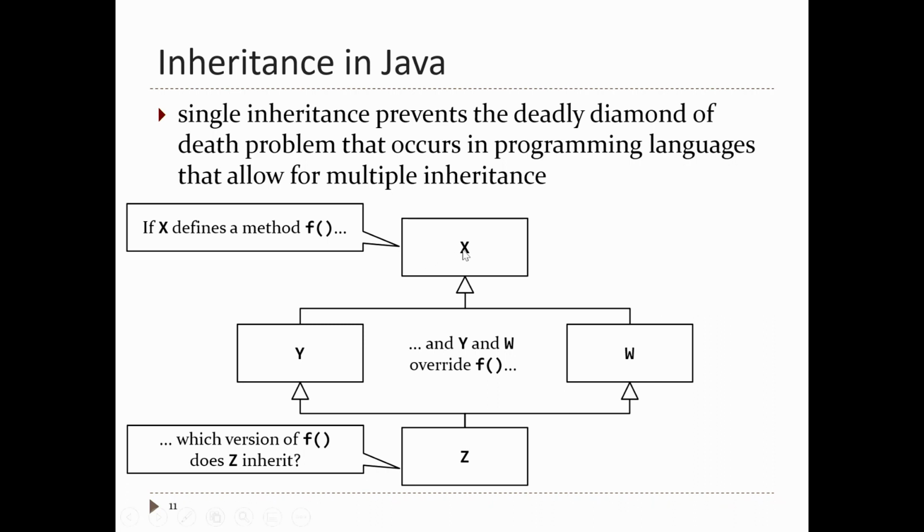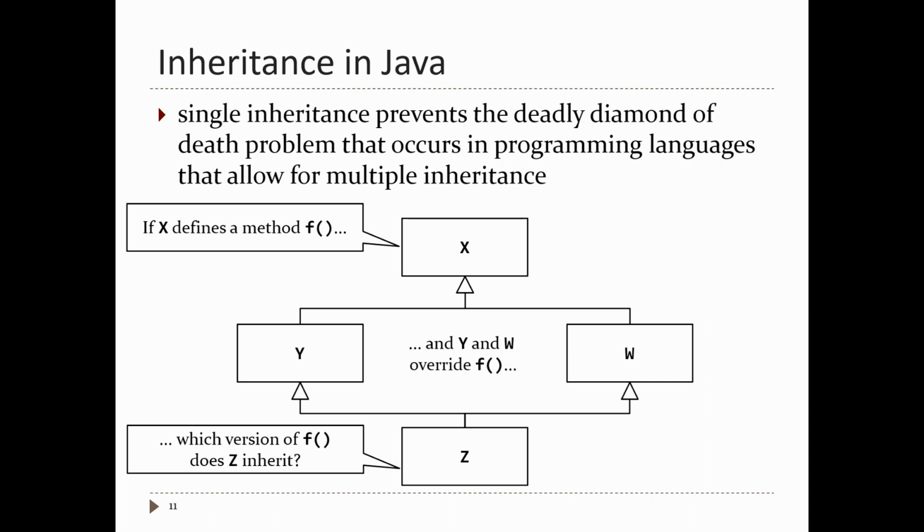Here we've got this class X, which has 2 direct subclasses, Y and W. In a language that supports multiple inheritance, you can have a class Z that has 2 or more direct superclasses, here Y and W. You can't do this in Java. This picture has a funny name: the deadly diamond of death. If you Google that phrase, you will find a Wikipedia page for it, so it is a real thing.